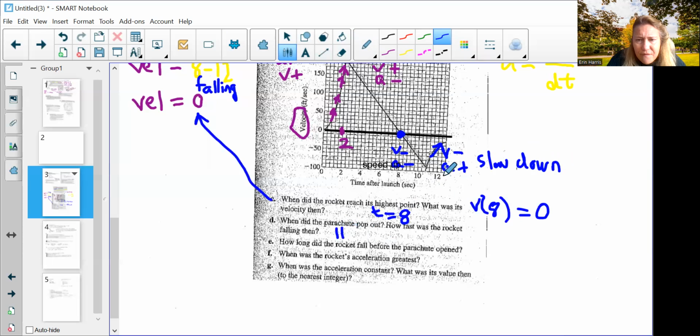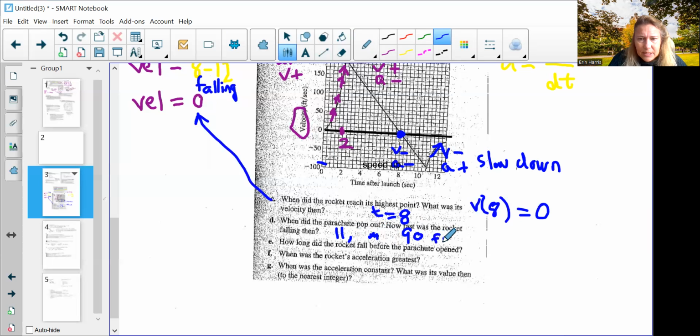And how fast were we going? So let's go across. It looks like we're right here at negative 90 feet per second when that happened, because we are falling. And if we're looking at speed, I won't use the negative. I will just put 90 feet per second.